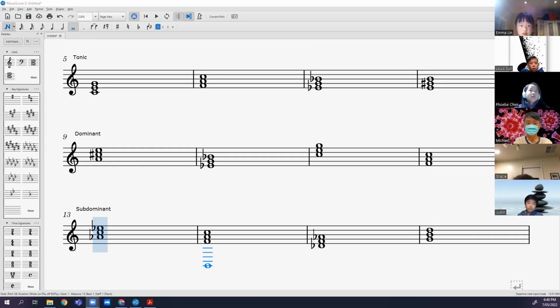Phoebe, that is not quite right. I'm not sure what you did, but it's not quite right, for the dominant, I mean. So for dominant triads, it's simply count a perfect fifth down from the root.